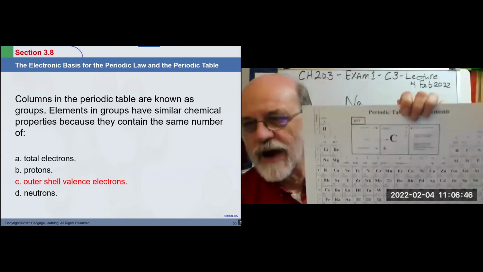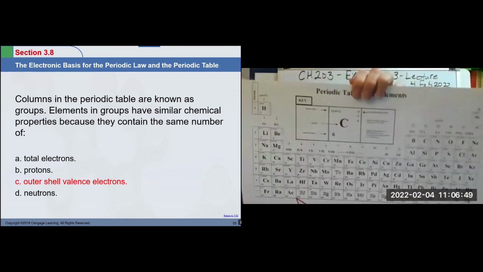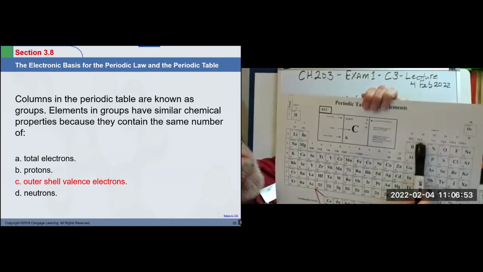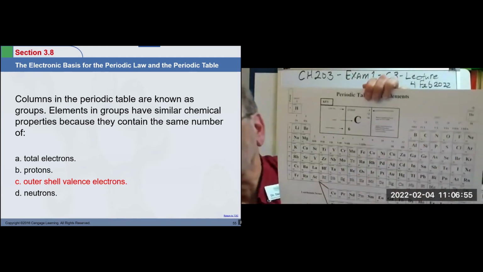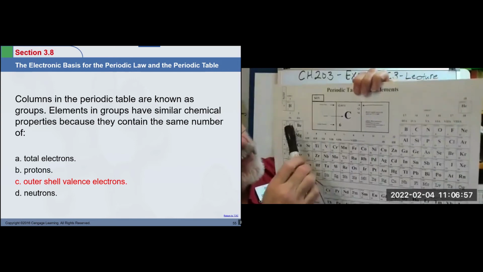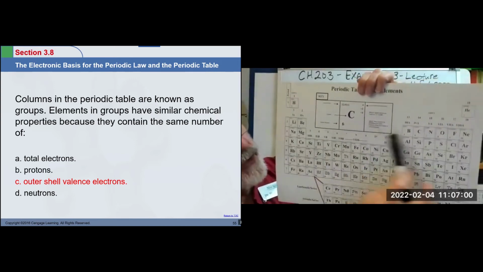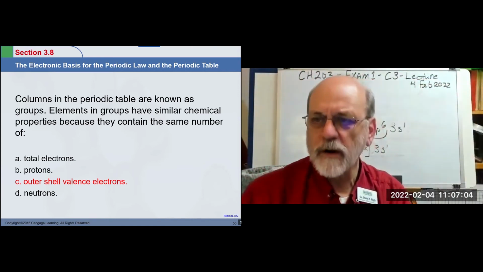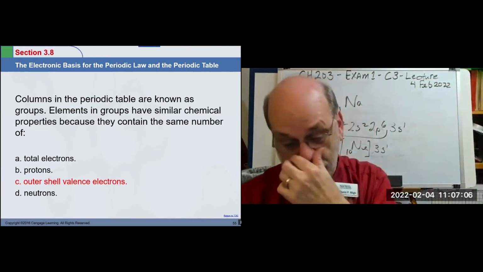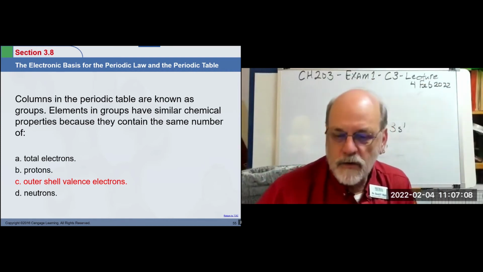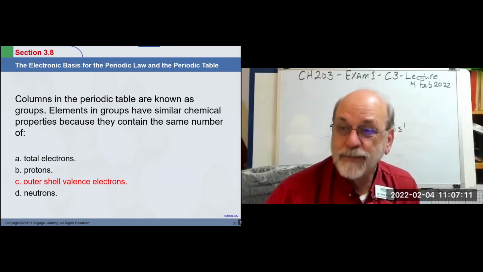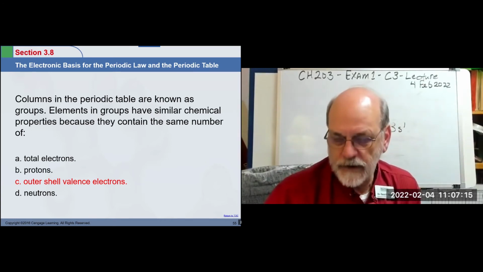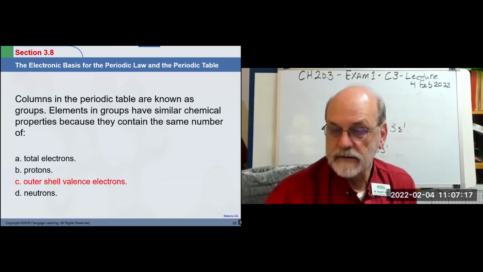The octet is derived from 1, 2, 3, 4, 5, 6, 7, 8 valence electrons in these first 2 periods, which is where most of the chemistry that we're interested in happens. So the octet, if it's completely filled, means you have a noble gas configuration, and it's non-reactive.